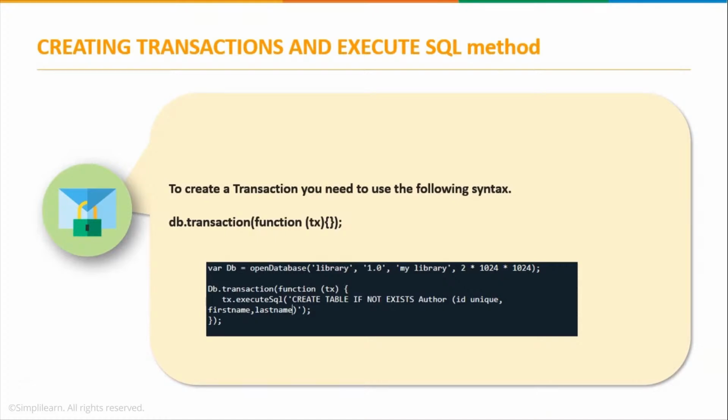Just like in SQL, we provide a primary key to one of the columns which uniquely identifies each record. Similarly, we provide the keyword unique to identify the records uniquely in this. So for that, I'm taking ID as our unique column. And once it's done, to execute this query in WebSQL, we will use the method execute SQL as usual.